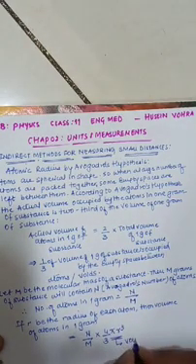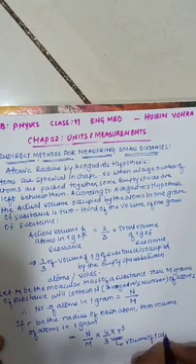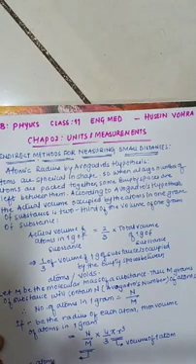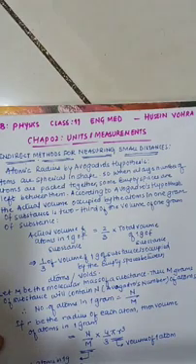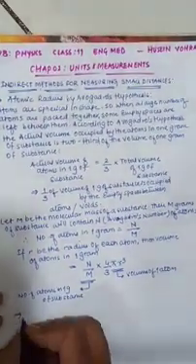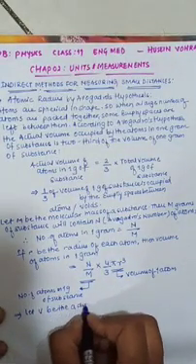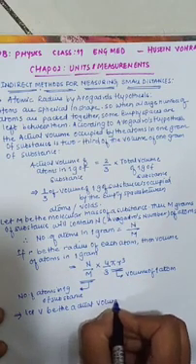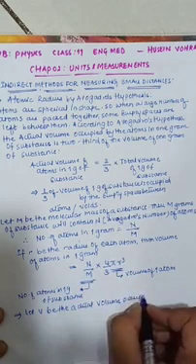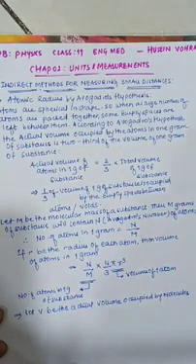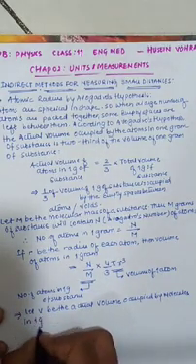This is nothing but volume of one atom, and N by M is nothing but number of atoms in 1 gram of substance. Yes or no? Till this clear? Now moving ahead, let V be the actual volume occupied by molecules in 1 gram of substance.